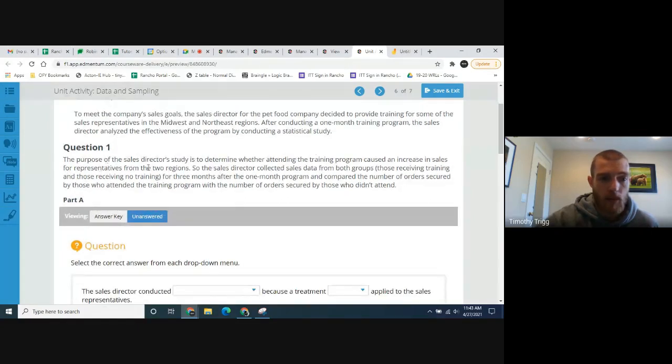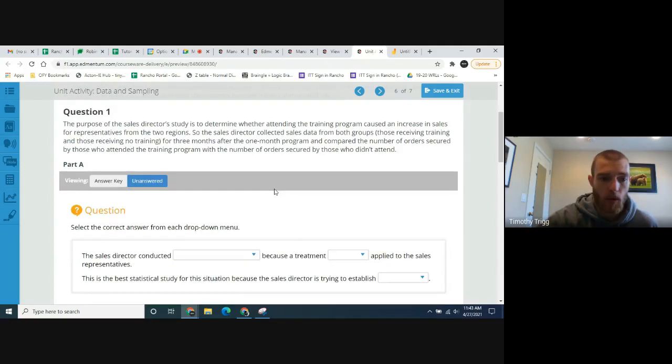The purpose of the sales director's study is to determine whether attending the training program caused an increase in sales for representatives from the two regions. So the sales director collected sales data from both groups, those receiving training and those receiving no training, for 3 months after the 1-month program, and compared the number of orders secured by those who attended the program with the number of orders secured by those who didn't attend. Okay.